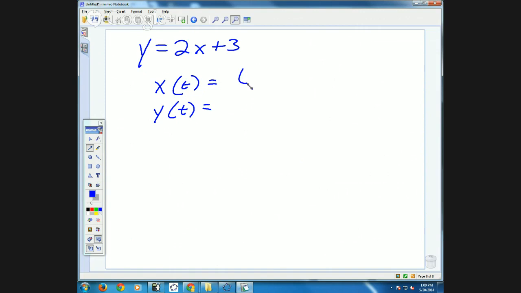Let x equal t. Then y would have to be 2t plus 3. That's much too simple. I could make it harder.